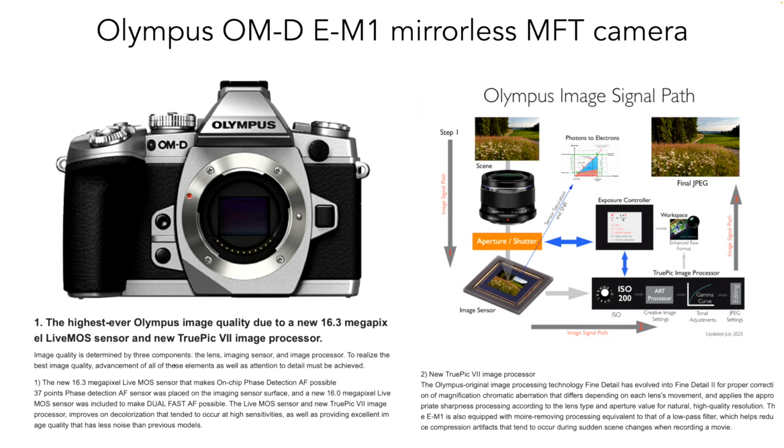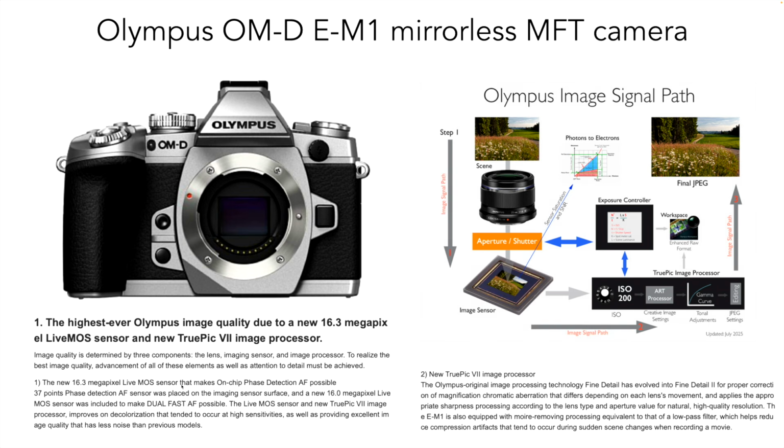The image quality is determined by 3 components, they say: the lens, the image sensor, and the image processor. Here you can see this concept developing that it's not only the sensor, there are other very important components in play. To realize the best image quality, advancement of all these elements as well as attention to detail must be achieved. So they really tune every aspect of the image quality chain, if you can call it that.